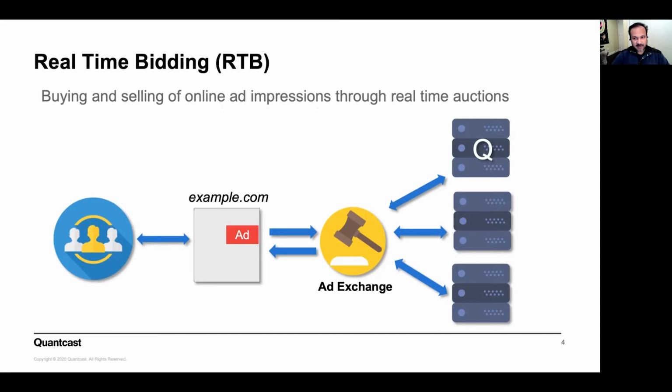Quantcast is one of the ad providers, and it responds back with a bid and an ad. The ad exchange decides which is the winning bid, and whoever wins, the ad is shown to the user. The thing to note about this whole process is that it's pretty fast and it happens in the background, generally under 100 milliseconds.